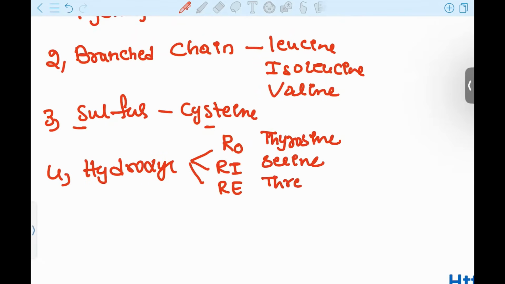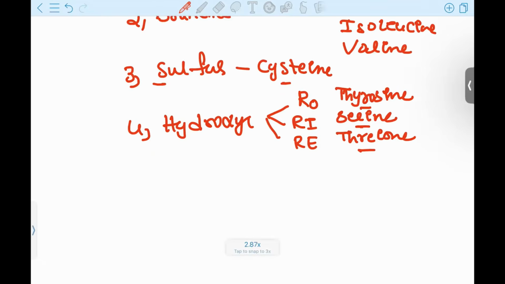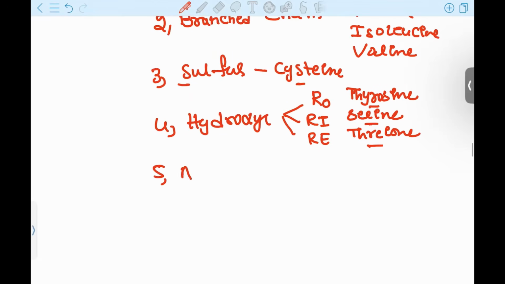Okay. So Rho, Re, Re. This is how you can remember that the hydroxyl group is present in these amino acids. Next, the fifth type is your acidic types. For the acidic types, the name itself ends with acid only: aspartic acid and also glutamic acid.